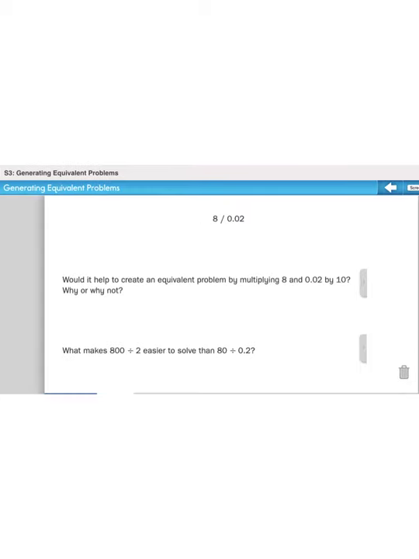Okay, now think about how you might use an equivalent problem to solve 8 divided by 2/100. First of all, we can multiply the divisor 2/100 by 100 to give us the whole number 2. Okay, 2/100 times 100 is 2.